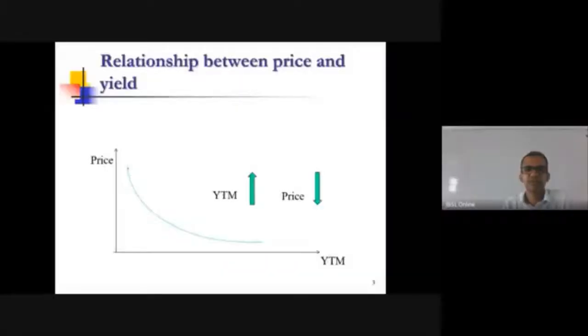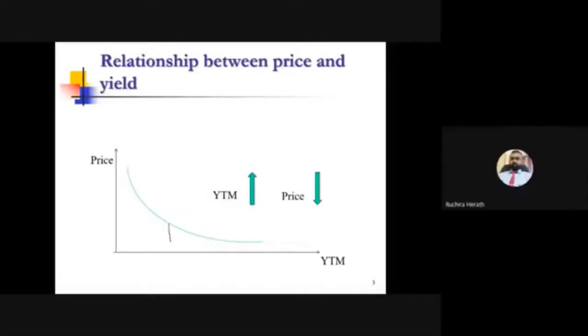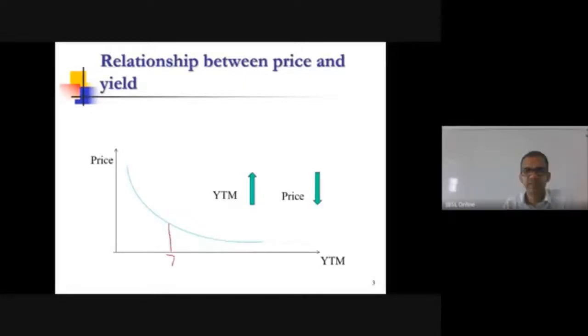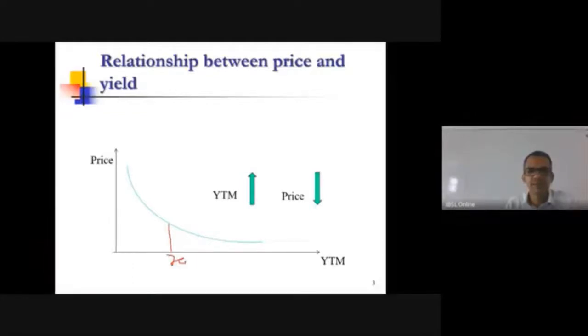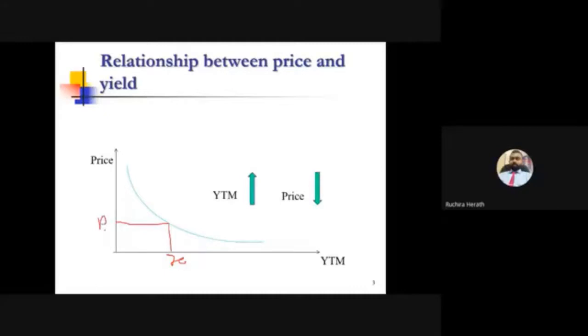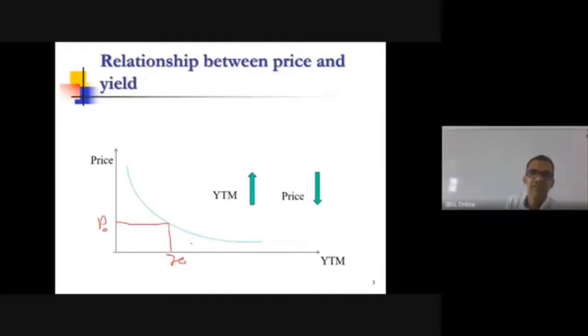So we have this type of curve. This is 7%. This is the price. When we calculate the duration, it gives the slope of this curve at this point.